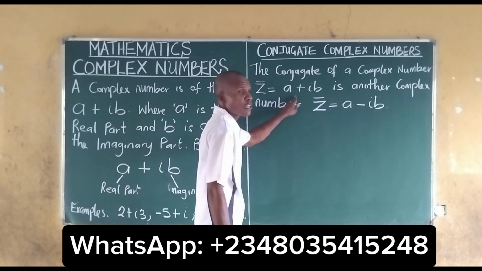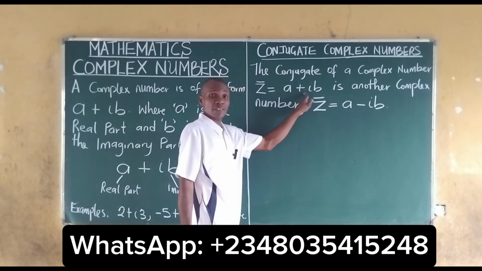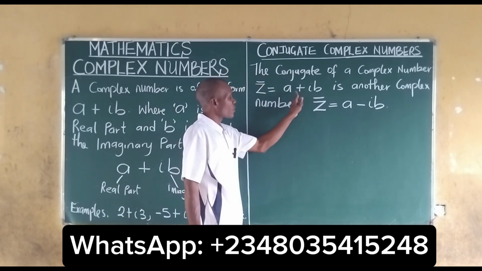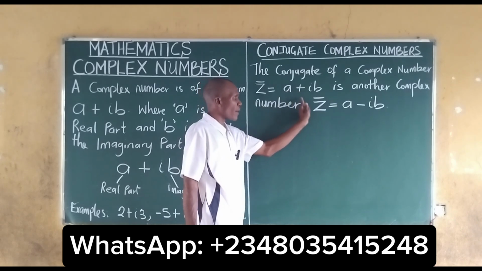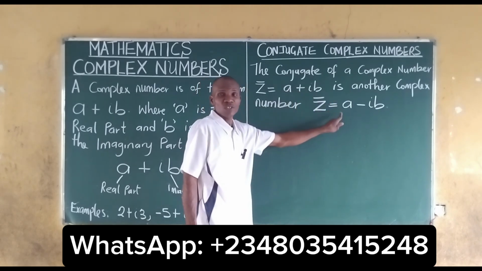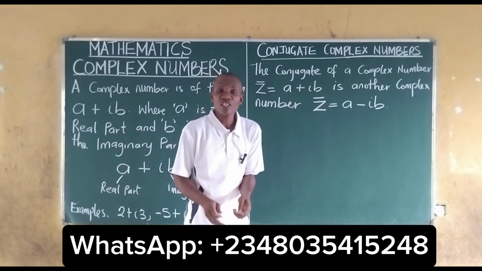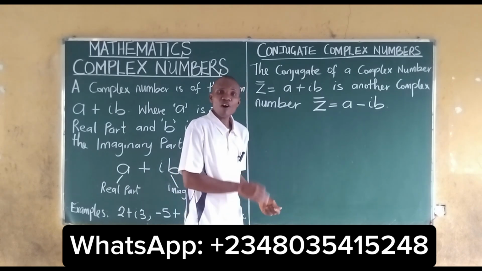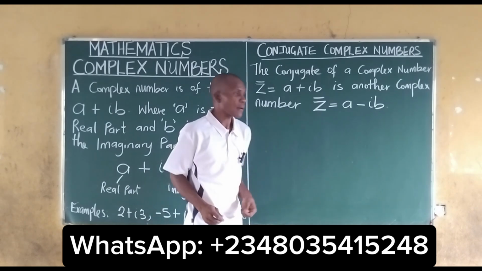So the conjugate of a complex number, say we have this, the conjugate of this complex number is this. So that is what we mean by the conjugate. It's just the opposite of the given complex number.